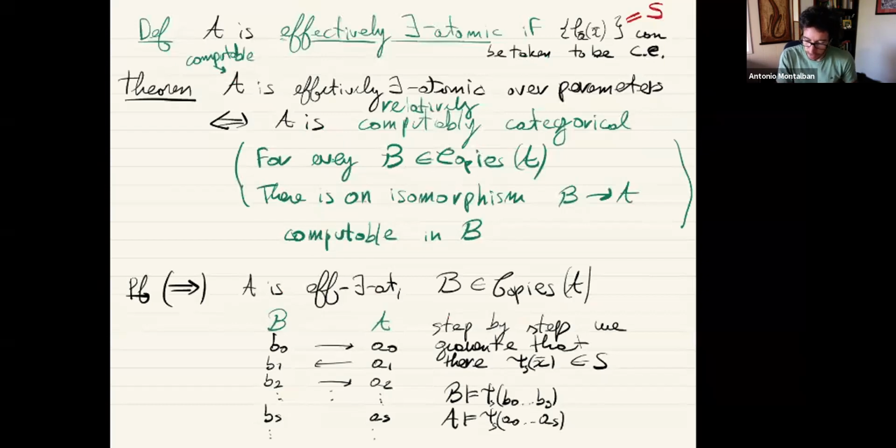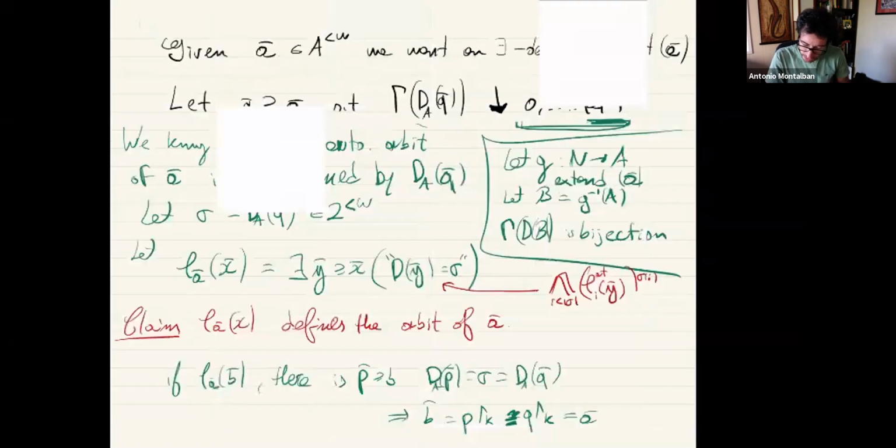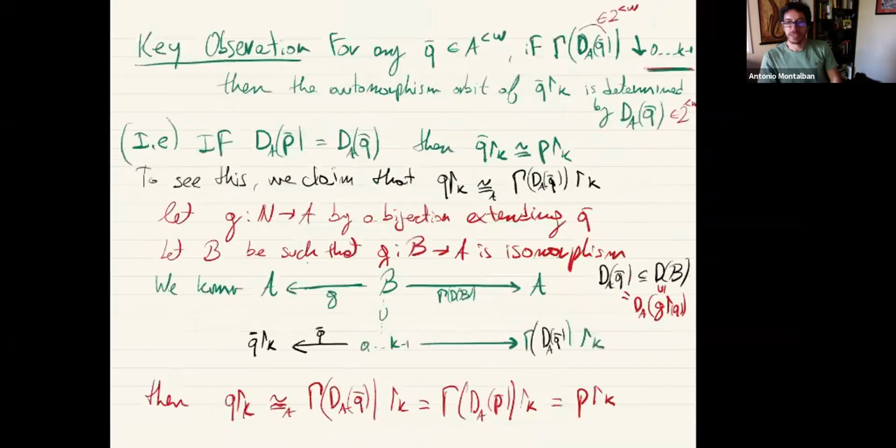I was saying A is effectively extensionally atomic over parameters if and only if for every B there is an isomorphism from B to A that is computable in B. That was the version that I mentioned last time, but that's a bit harder to prove. This one I wouldn't say is hard, it's short to prove, but it is tricky. You have to look at it a little bit to follow this proof completely.